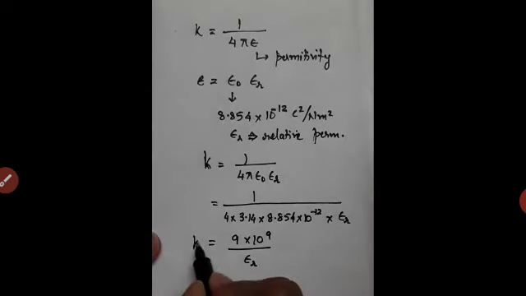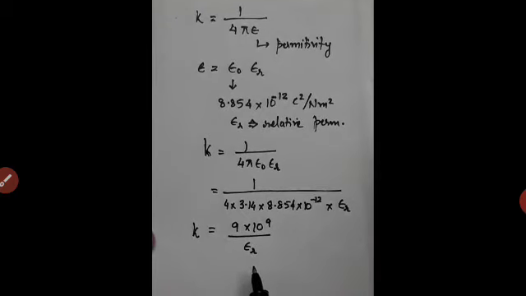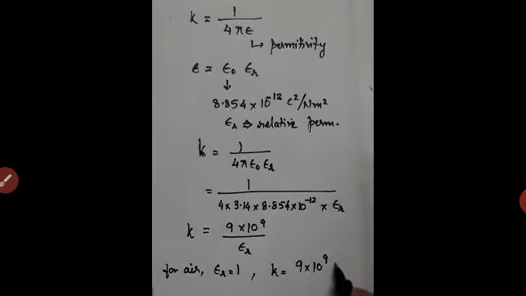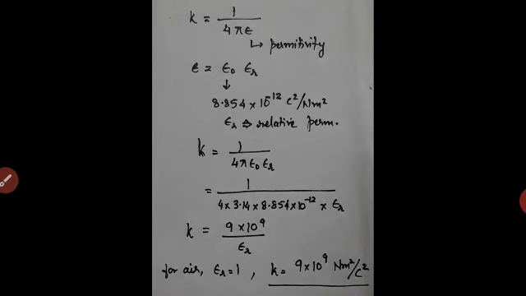Thus, we see the value of Coulomb's constant is 9 into 10 to the power 9 upon epsilon r. If we are considering air, for air epsilon r is equal to 1. Thus we have Coulomb's constant as 9 into 10 to the power 9, and the unit of Coulomb's constant is the reciprocal of this, that is Newton meter square per Coulomb square. So we have the value of K as 9 into 10 to the power 9 Newton meter square per Coulomb square.